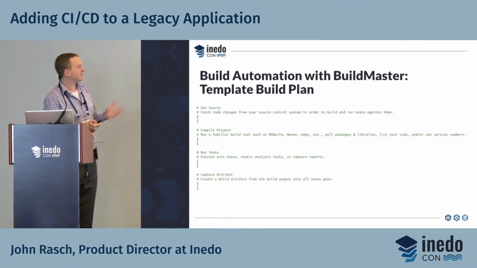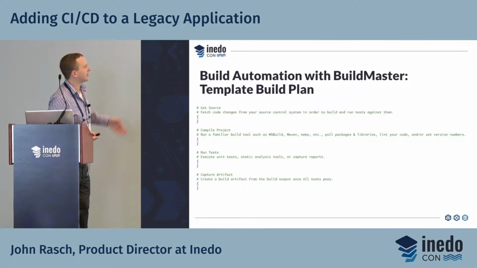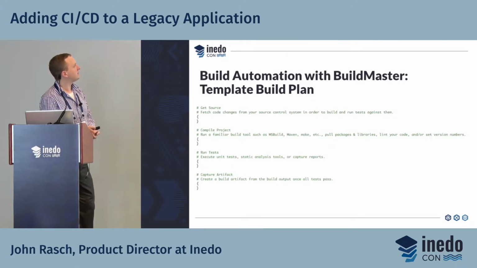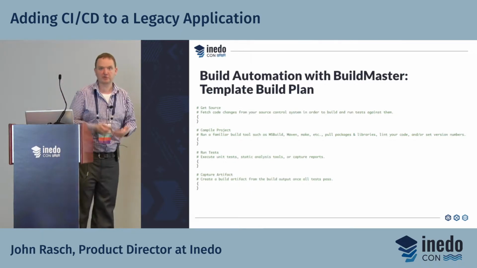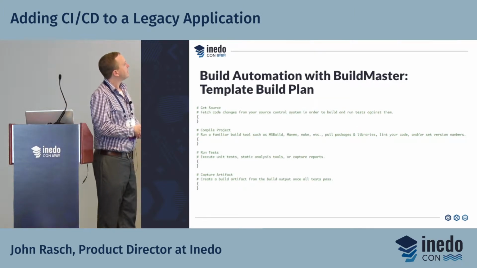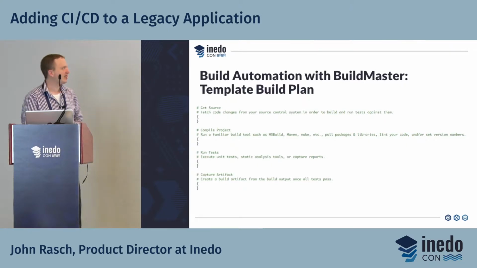Coincidentally, in BuildMaster, when you generate a new application, you see this 4-section deployment plan, or build plan in this case. It typically follows these patterns of getting source code from somewhere, fetching the code changes, compiling the project if it's actually a project that requires compilation.